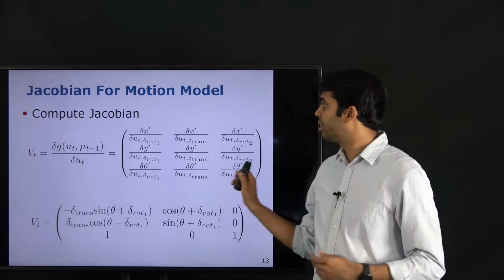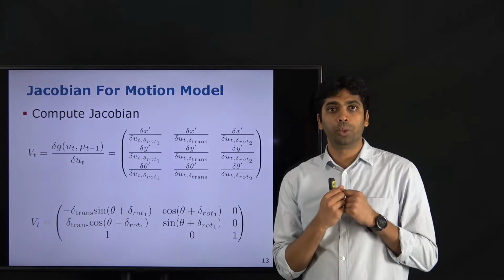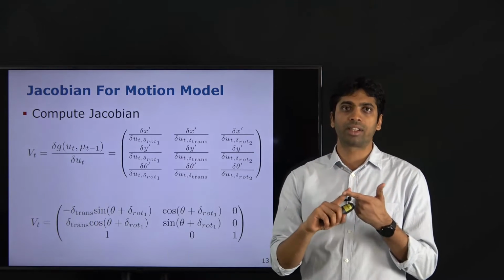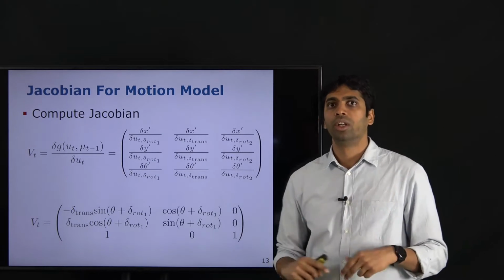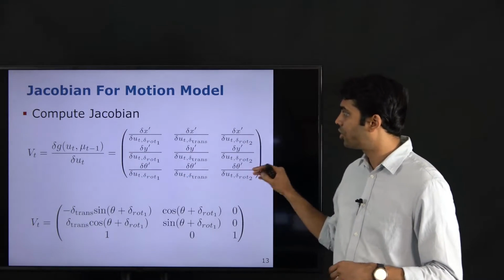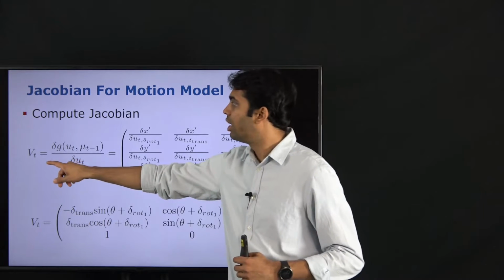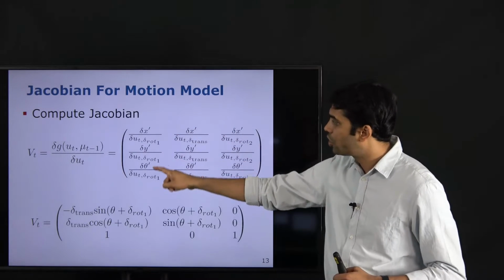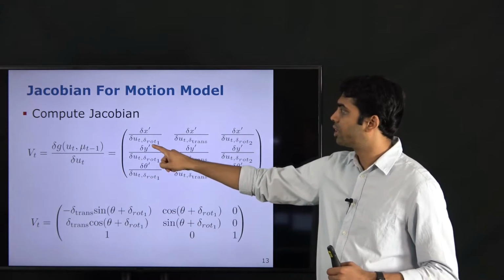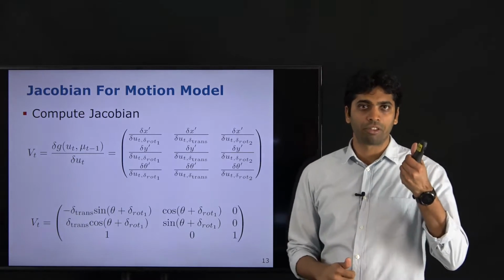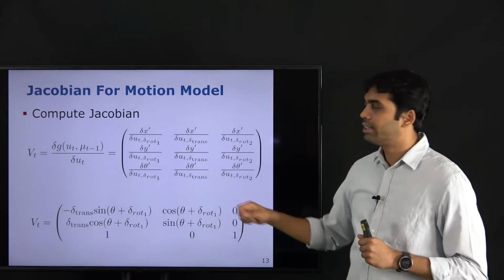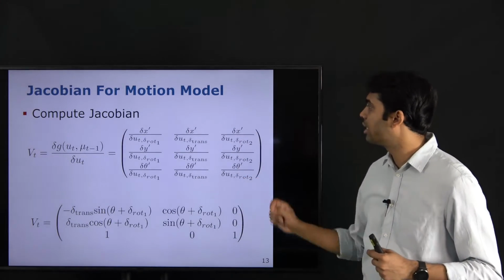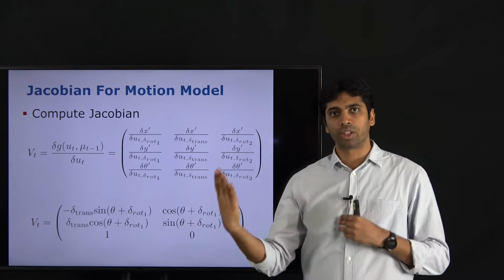In this case, again, it's a 3 by 3 matrix, because our u was encoded as a 3 by 1 vector, which is delta rotation 1, delta translation, and delta rotation 2. Again, the first column here are all the derivatives with respect to rotation 1, which is the first element of our control. This column is the derivative with respect to delta translation, the second element, and this one is the derivative with respect to delta rotation 2.